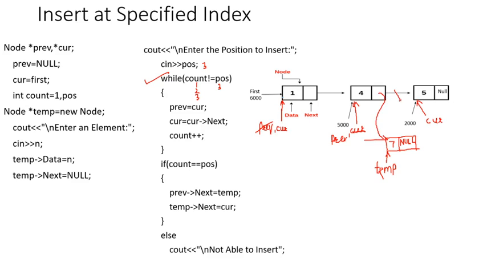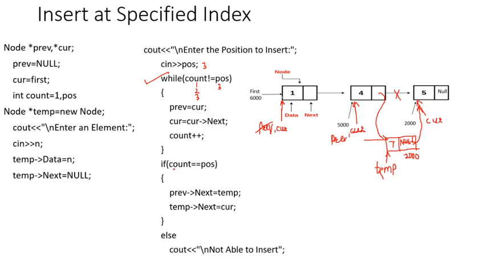This link will break, and temp arrow next is equal to current. The base address of 5 is in current, so temp arrow next is equal to current, and it starts pointing to 5. Null will get overridden by the address of current, which is nothing but 2000. In this way we have inserted 7 between 4 and 5.